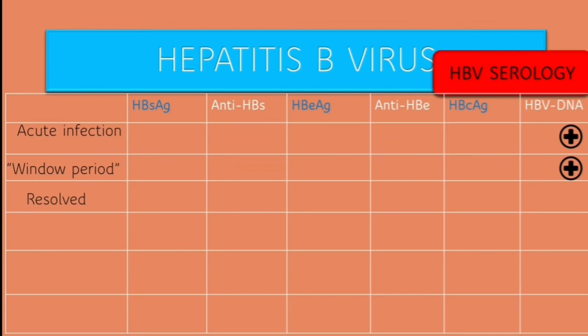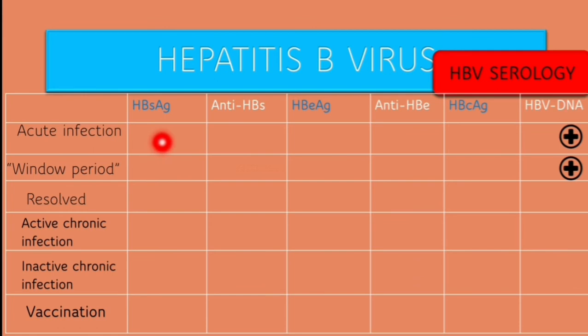Chronic infection can be divided into active chronic and inactive chronic infection, all right? The other thing I want to tell you is that because we have a vaccine for HBV, I will tell you what you will see if the patient is vaccinated.